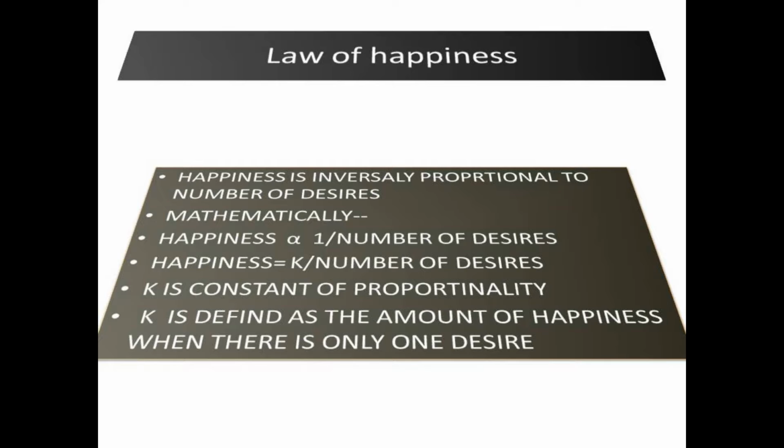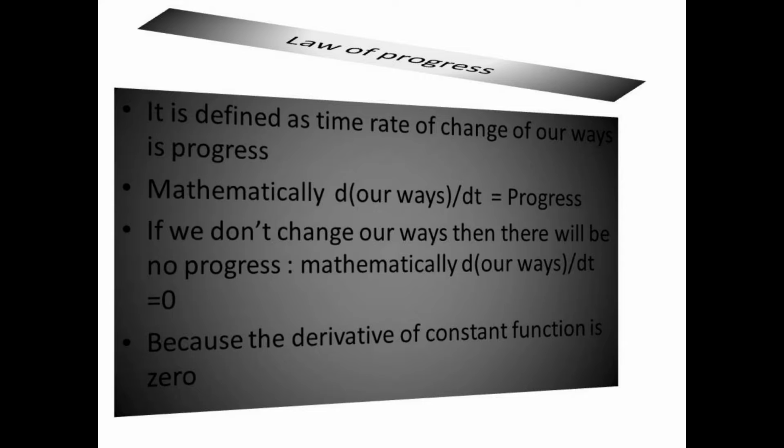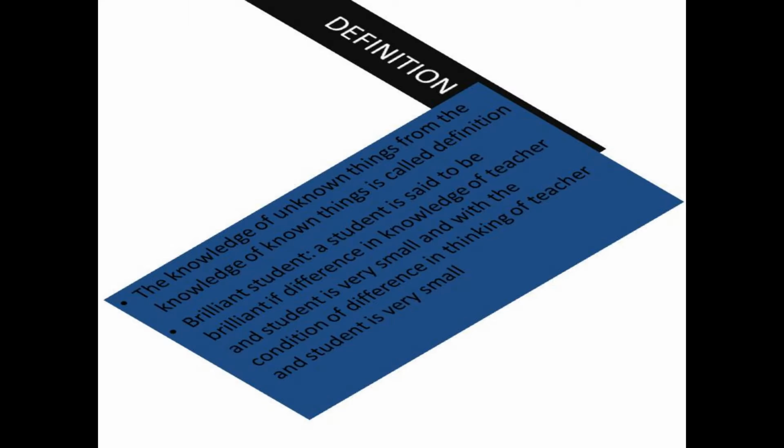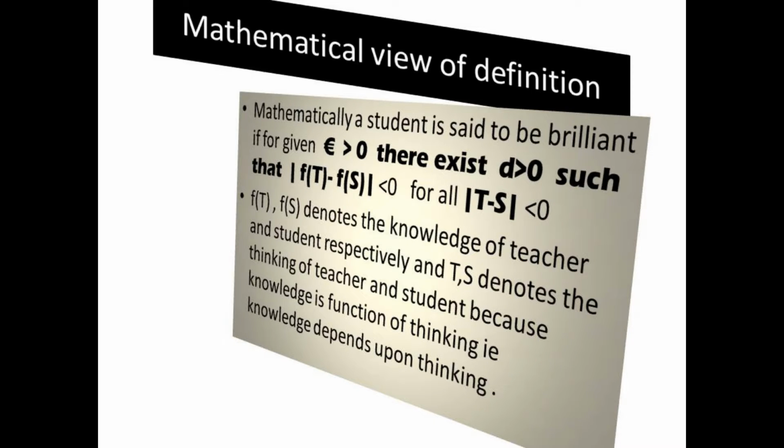If we don't change our ways, then there will be no progress. That is, if there is no progress, it will be the result of just our constant ways. So mathematically we can say d by dt of our ways is equal to 0 if our ways are constant. It means if we don't change our ways in our life, then there will be no progress.